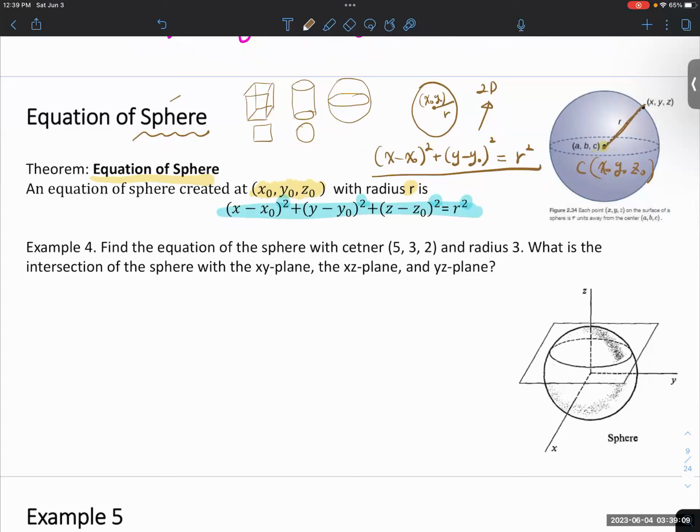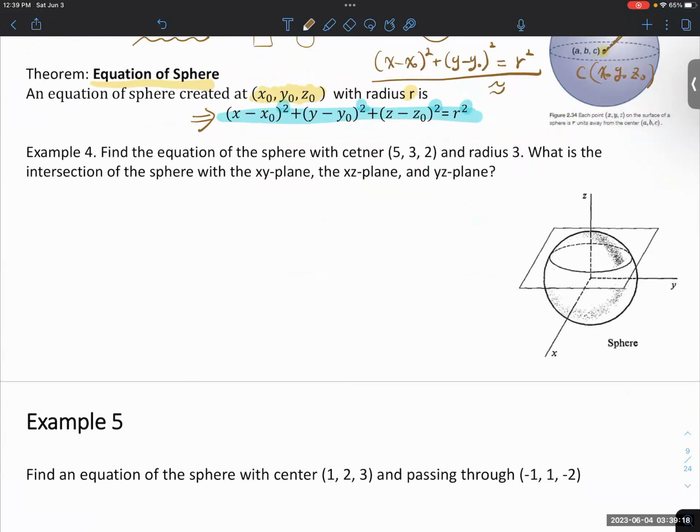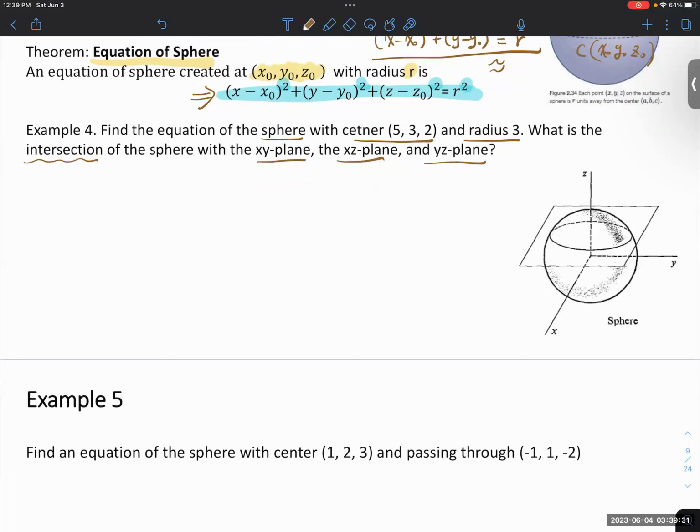The sphere exists in 3-dimensional space, so we have a formula very similar to the 2-dimensional circle equation. So find the equation of the sphere. Oh, they gave you the center and the radius is 3. What is the intersection of the sphere with each of the xy, xz, and yz planes? We know all the characteristics. So first of all, the center of the sphere is given at (5, 3, 2).